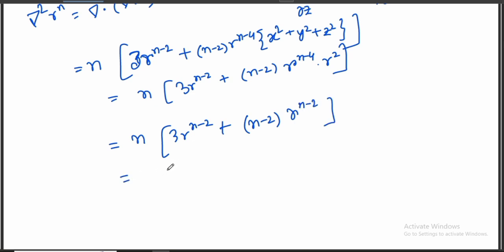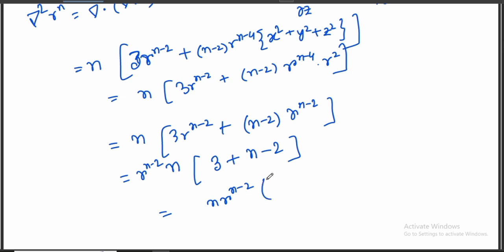Now in the next step, we can take r to the power n minus 2 outside, and this will be 3 plus n minus 2. So we will get n r to the power n minus 2 times, 3 minus 2 is 1, so plus 1.